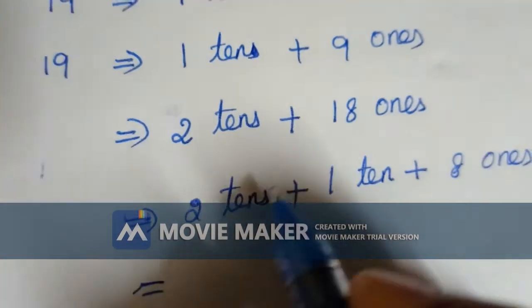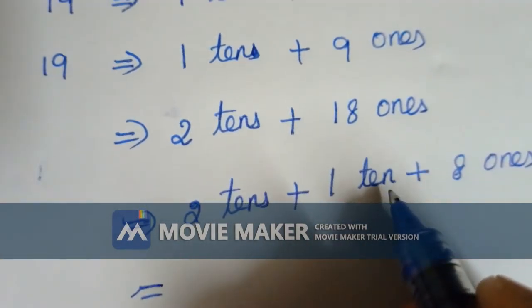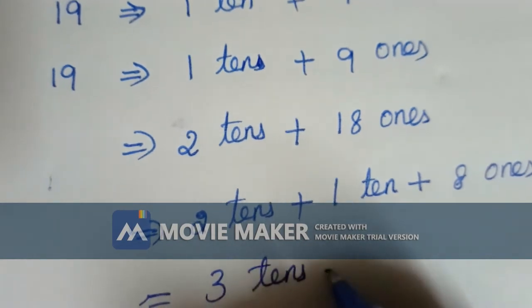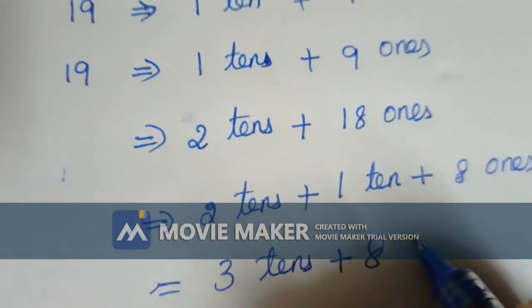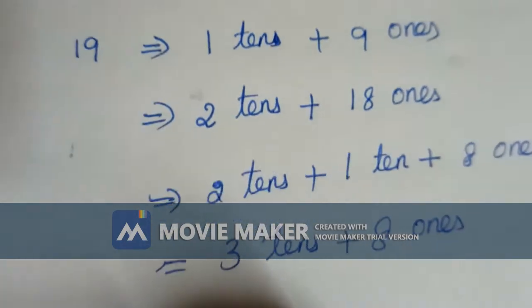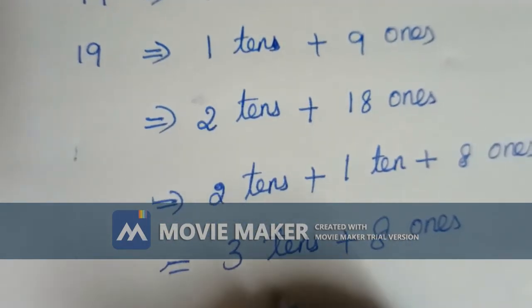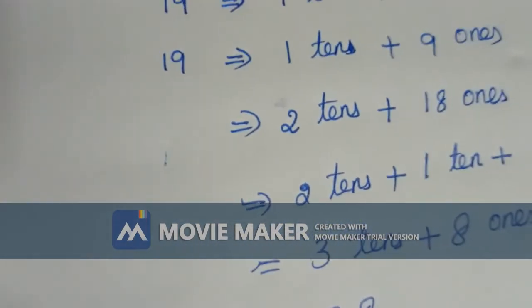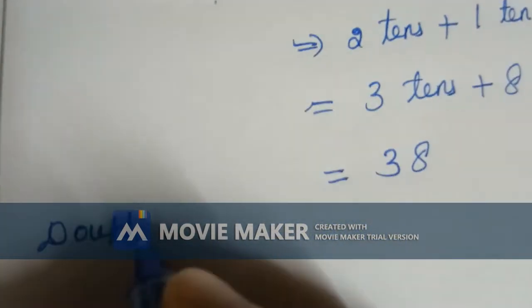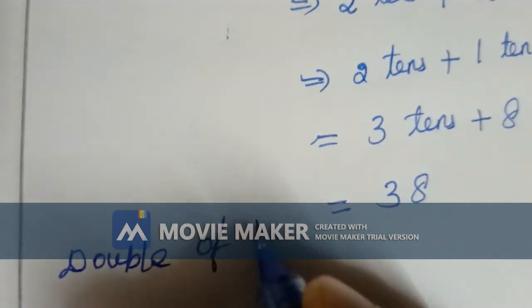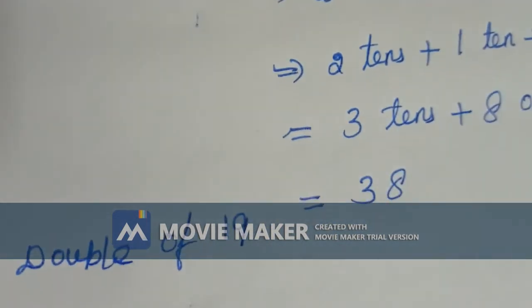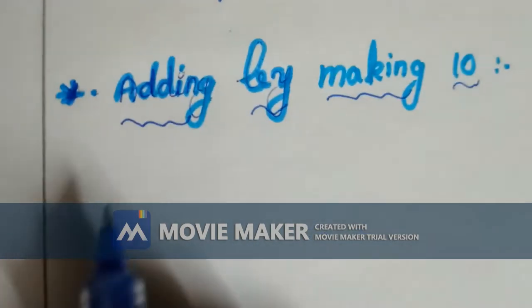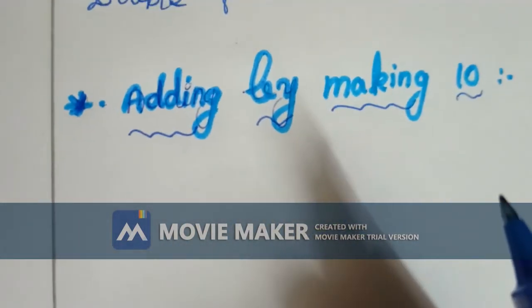So 2 tens plus 1 ten gives us 3 tens plus 8 ones. So the number is 38. That means 3 tens and 8 ones. So the double of the number 19 is 38. Okay children? Children, the next topic is adding by making 10.